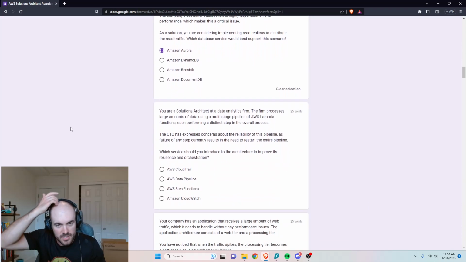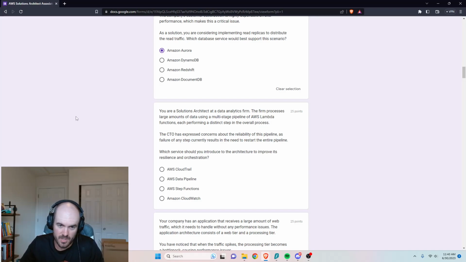All right, you are a solutions architect at a data analytics firm. The firm processes large amounts of data using a multi-stage pipeline of AWS Lambda functions, each performing a distinct step in the overall process. The CTO has expressed concerns about the reliability of this pipeline, as failure of any step currently results in the need to restart the entire pipeline.